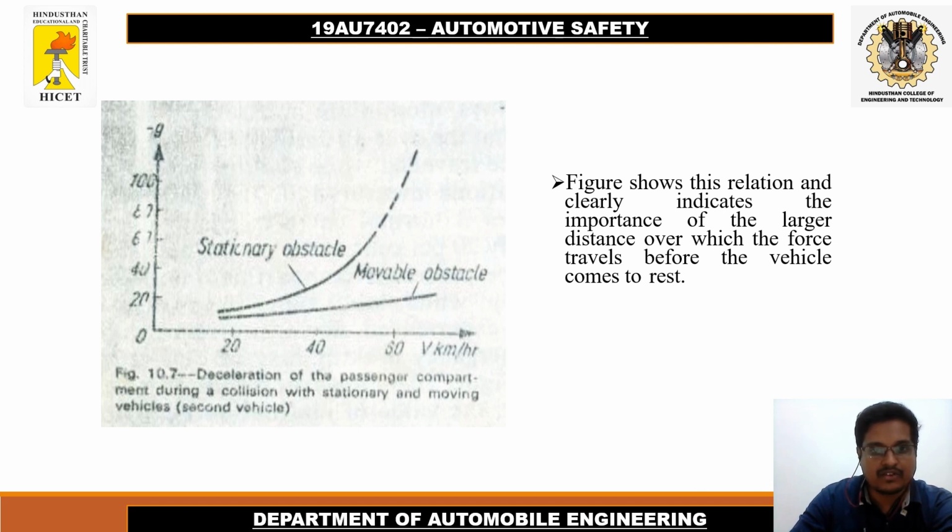So here we have two comparisons, that is stationary obstacle and movable obstacle. In a movable obstacle, the g-force produced is comparatively less than with a static obstacle. In a stationary obstacle, even if the vehicle is traveling at less speed, the g-force produced is high.